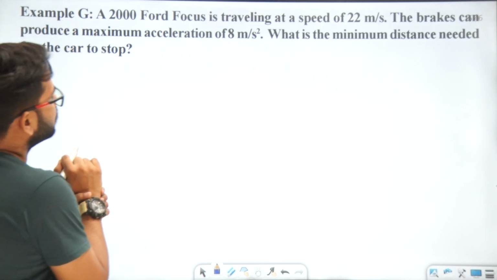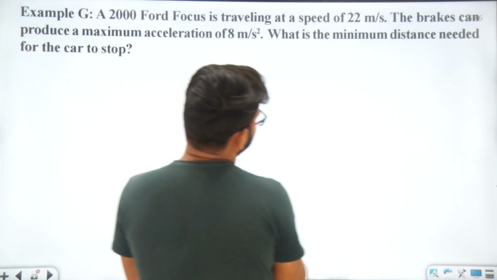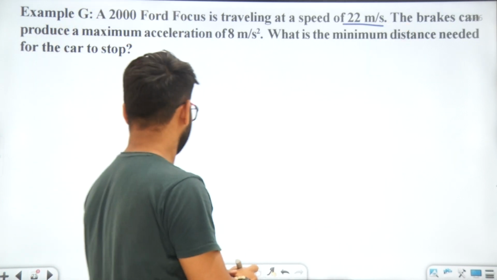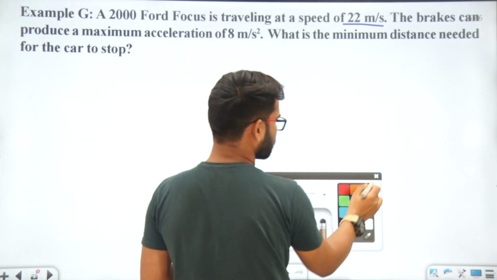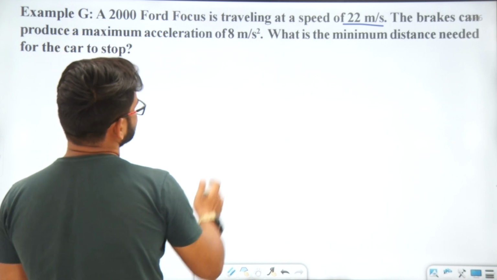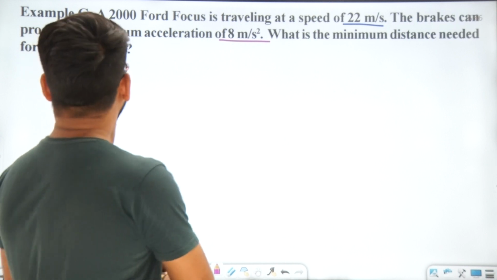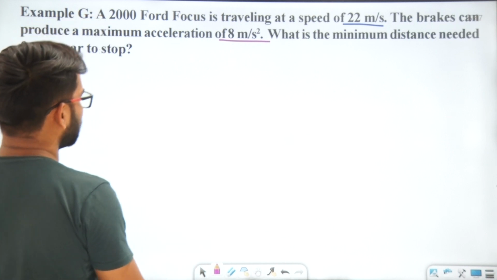A 2000 Ford Focus is traveling at a speed of 22 meters per second. The brakes can produce a maximum acceleration of 8 meters per second squared. What is the minimum distance needed for the car to stop?